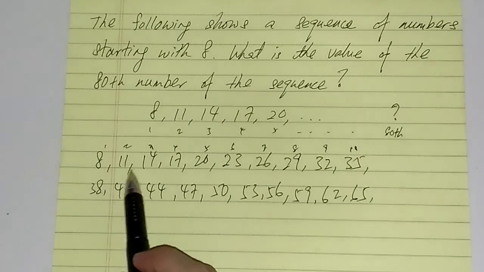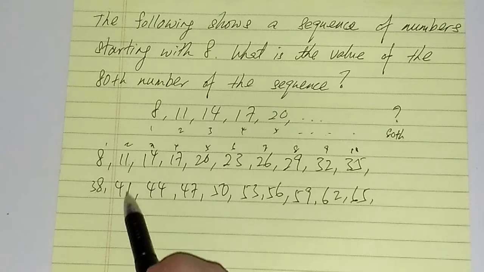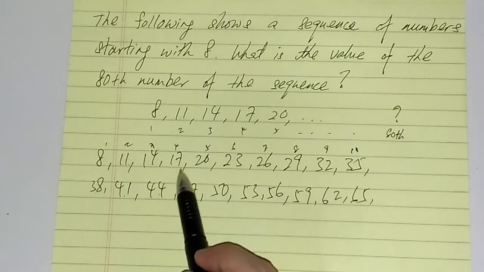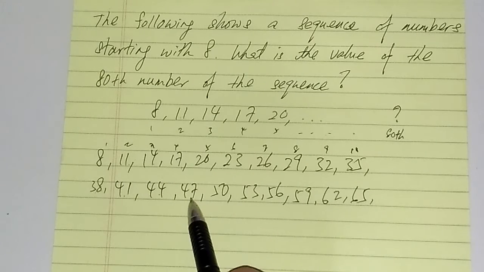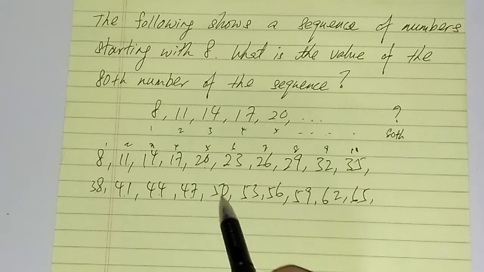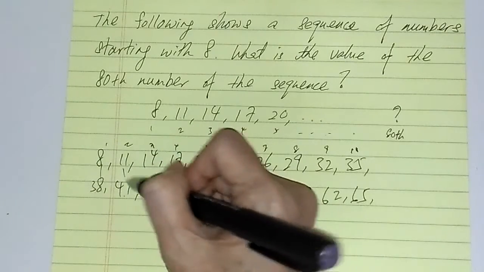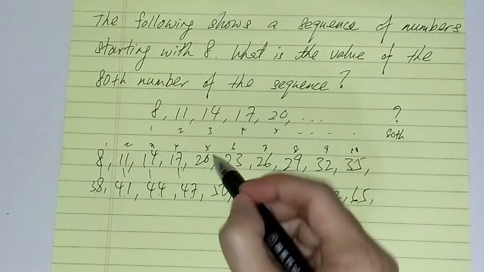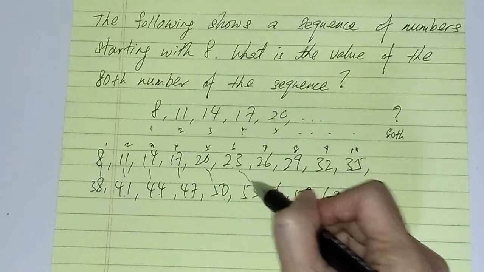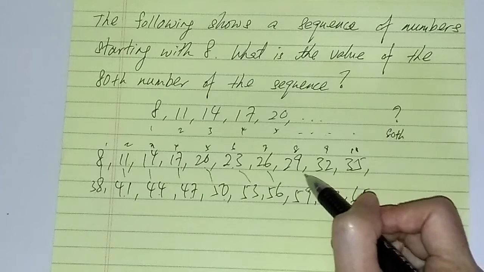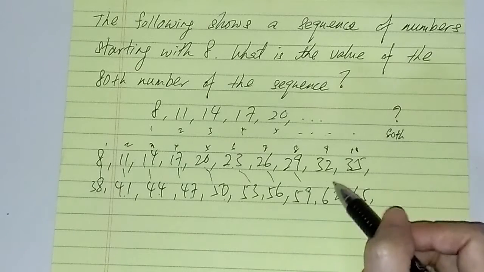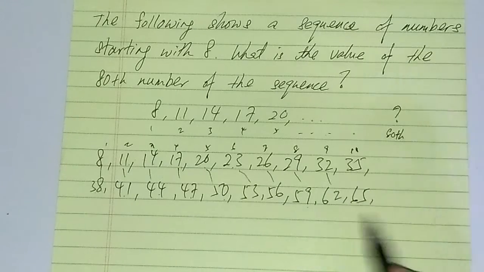Okay, this is 8, 38, 11, 41, 14, 44, 17, 47, and then 20 is 50, and if you go accordingly, 23 is 53, 26, 56, 29, 59, 32, 62, 35, 65.